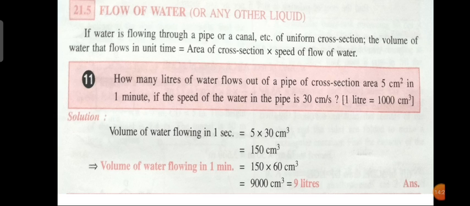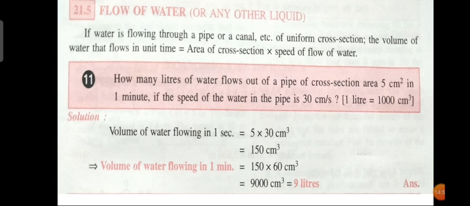So you have to find the liters of water flowing through the pipe. For that, 1 liter is 1000 centimeter cube, you know. Then the volume of water flowing in 1 second, you have to find in 1 second, that is 5 into 30 centimeter cube.